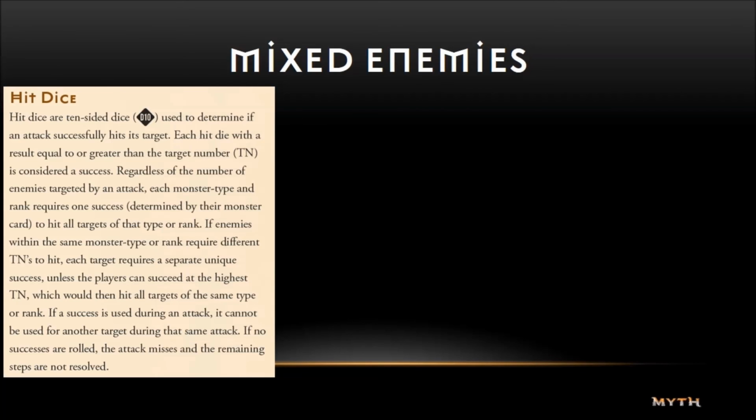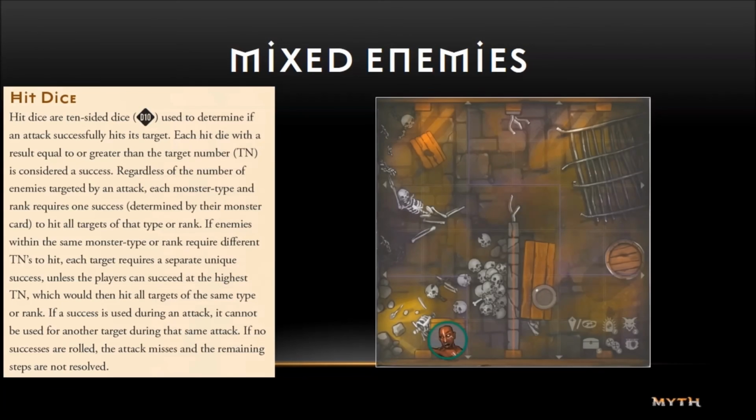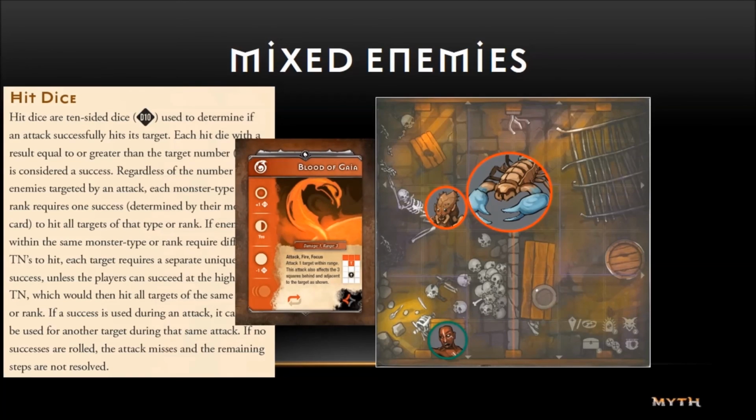So let's take a look at this. If I've got this tile with an apprentice, and I have a captain and a minion, a crawler and the stalker next to one another, I might want to play Blood of Gaia to engage these monsters.